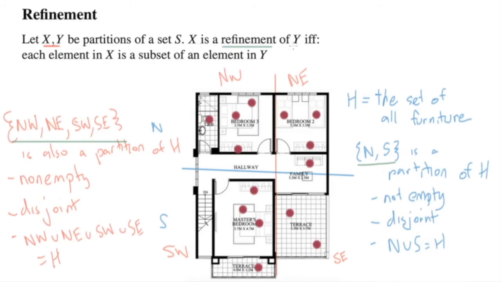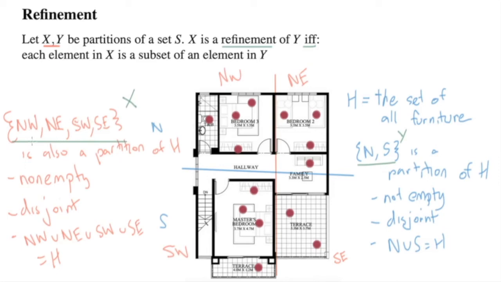X is a refinement of Y if and only if, and IFF means if and only if, each element in X is a subset of an element in Y. Okay, so let's see if our example here with the furniture counts as a refinement. Let's say that the four-way partition counts as X, and the two-way partition is Y. So X is a refinement of Y if and only if each element in X is a subset of an element in Y. So let's see if this is true.